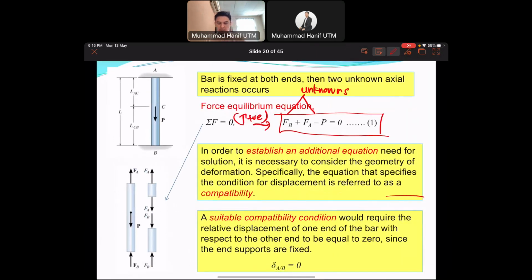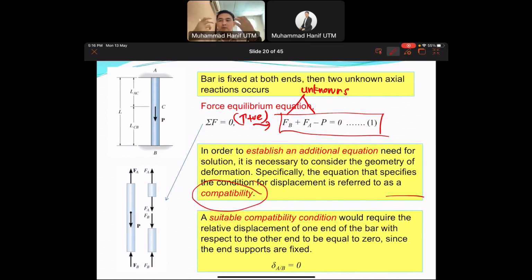In order to establish an additional equation needed for the solution, it is necessary to consider the geometry of deformation. Specifically, the equation that specifies the condition for displacement is referred to as compatibility.